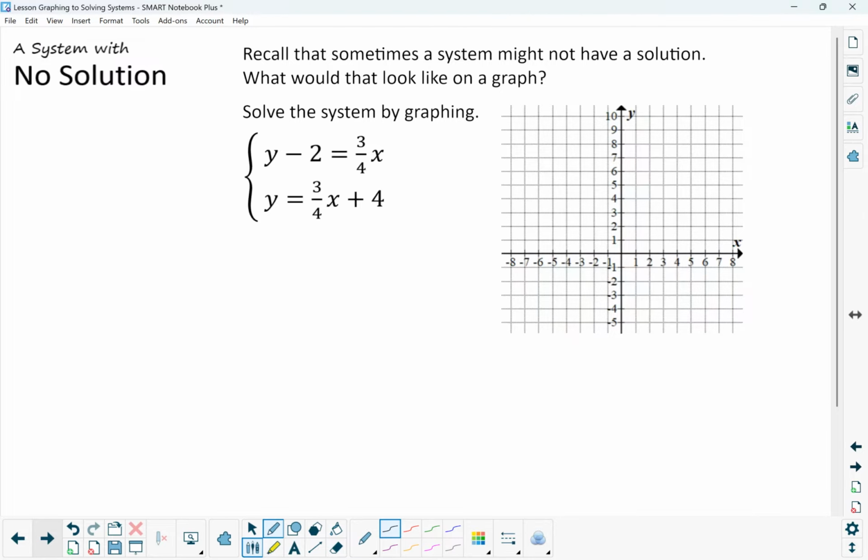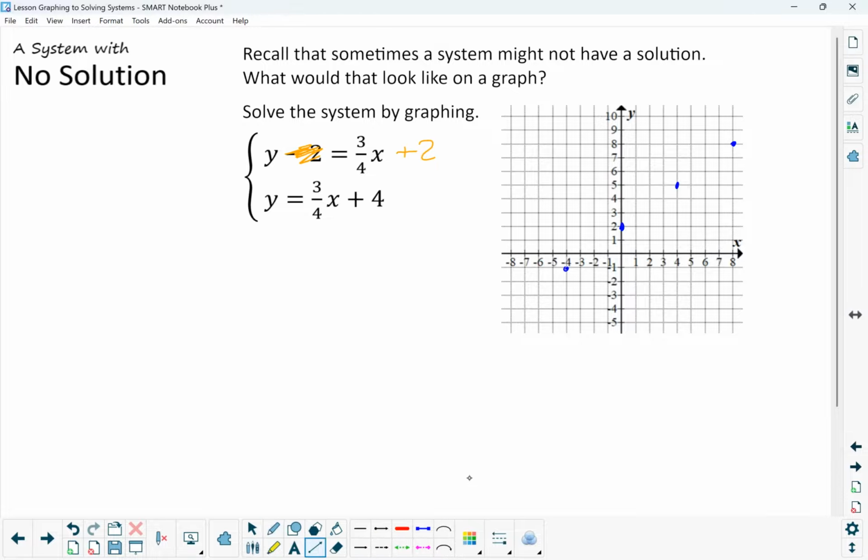It is possible for systems to have no solution. So let's see what that looks like. I'm going to go ahead and add the 2 to the other side. So we've got 3/4 x plus 2. So up 3 over 4.